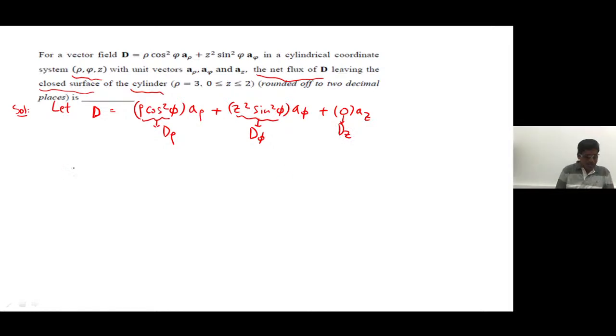Okay, so there is a procedure for the divergence of a vector in the cylindrical coordinate system.